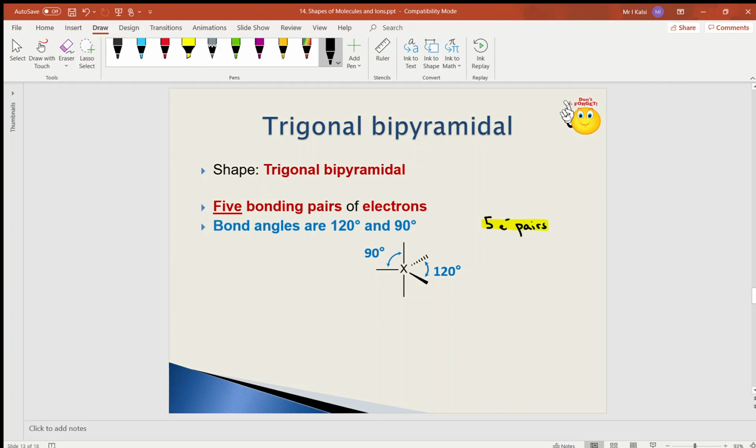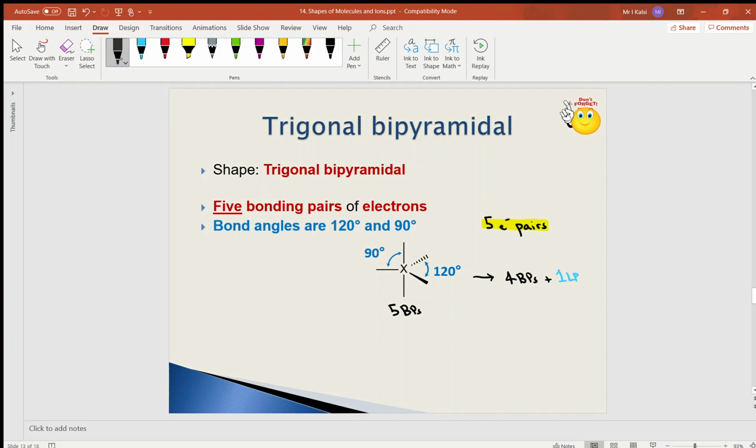So out of 5 electron pairs, we could get 5 bonding pairs, which gives us this trigonal bipyramidal shape. We could get a situation where we end up with 4 bonding pairs plus 1 lone pair. Okay, so we could get one lone pair like that.